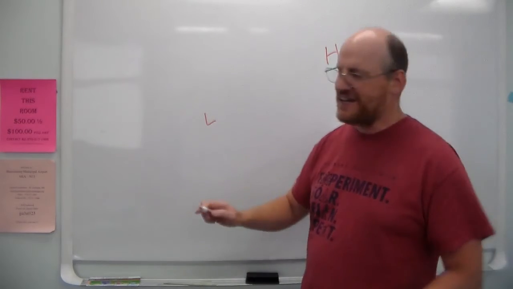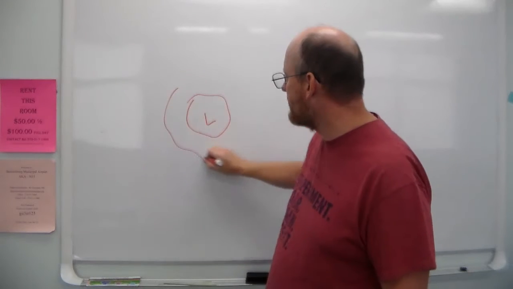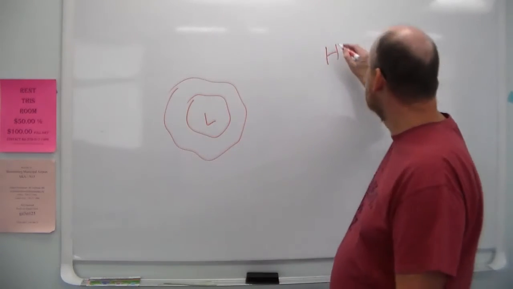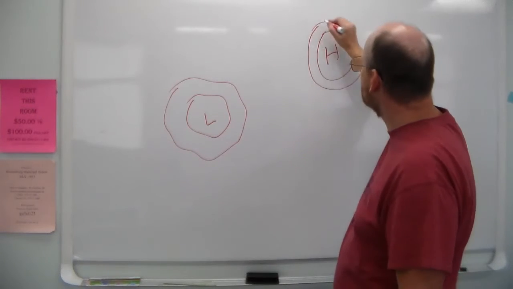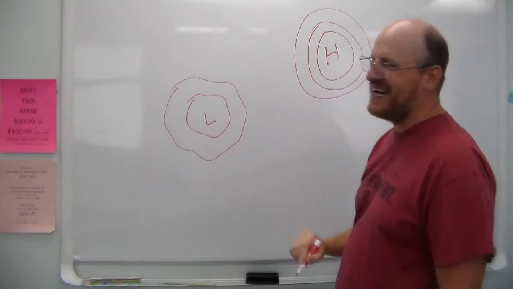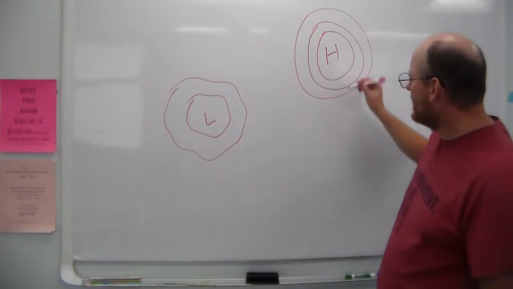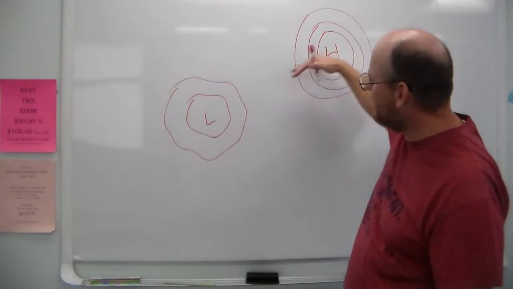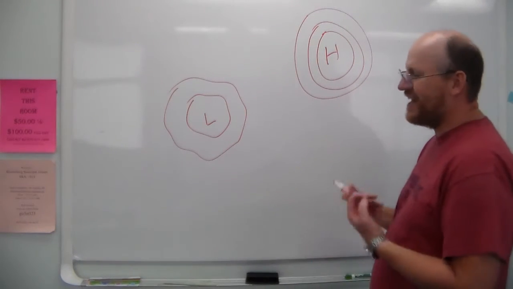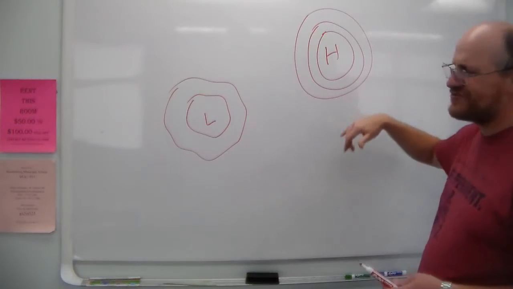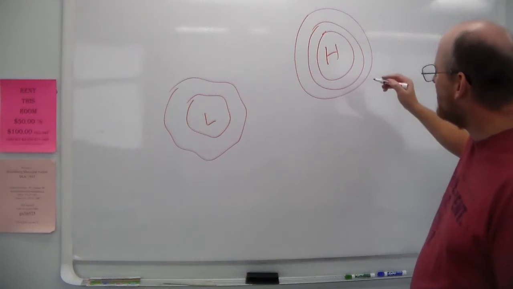So if I look at these constant pressure lines, or isobars, as they are called, if I have air that wants to go from here to here, now what happens is at altitude, they start to turn because of the Coriolis force.